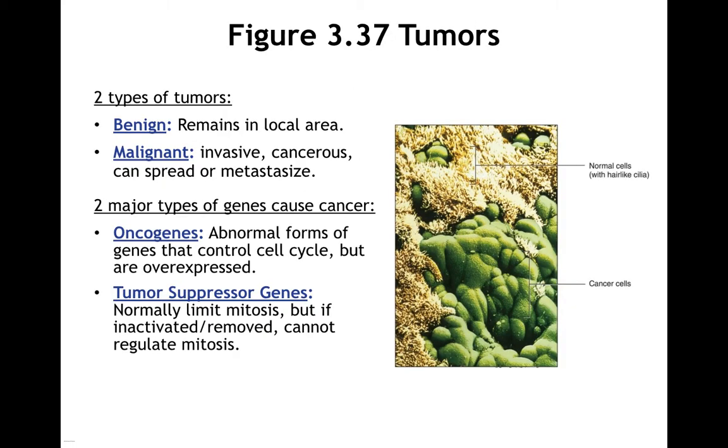Tumors can be benign, in which they are local, not moving around, not particularly dangerous, but they can continue to mutate and they can become malignant. Once they become malignant, they become invasive. They leave the initial site and go to other sites, and that is called metastasis.